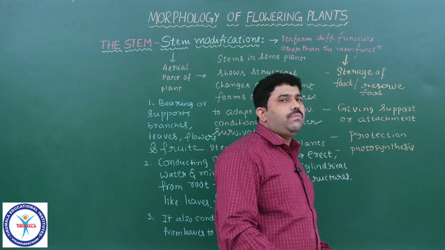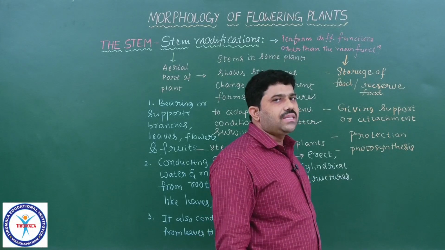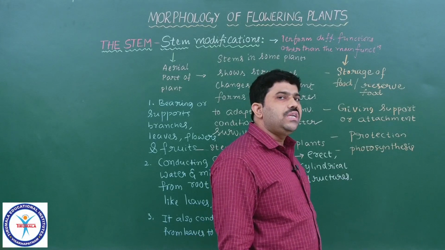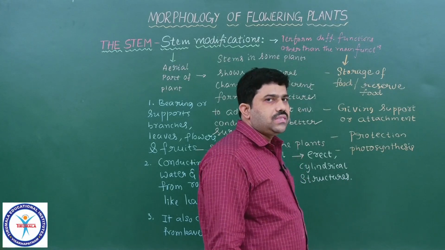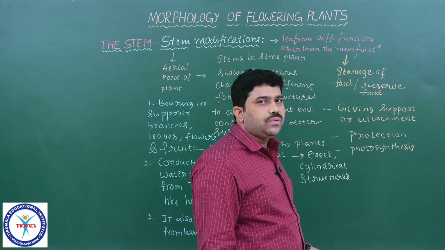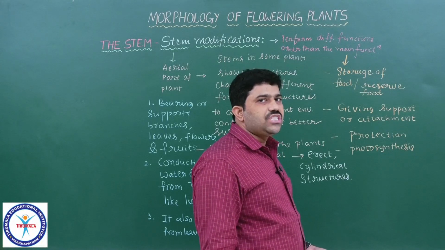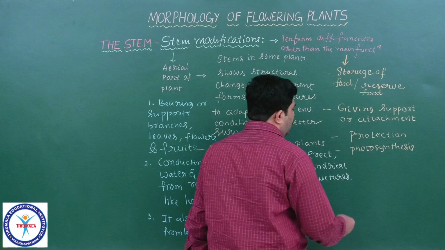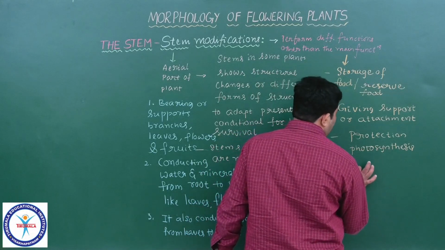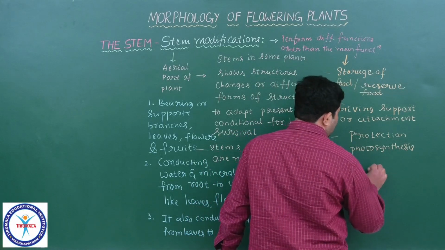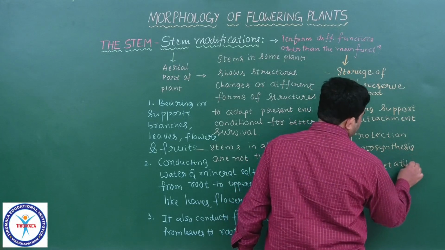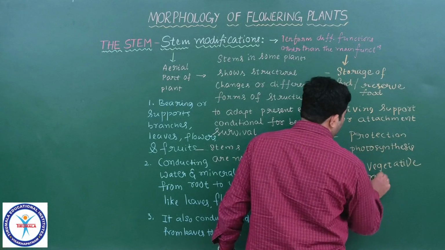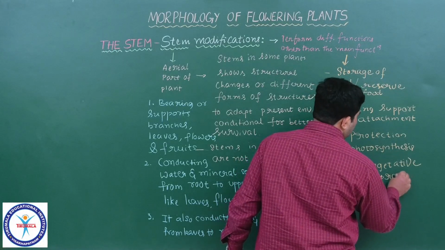They are modified into other forms like scaly leaves and spines. In those conditions the stem takes over the function of the leaf and performs photosynthesis and also stores water, as succulent stems in some plants. And some are very useful to perform vegetative reproduction.